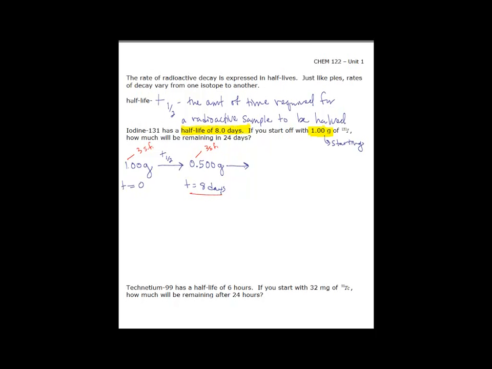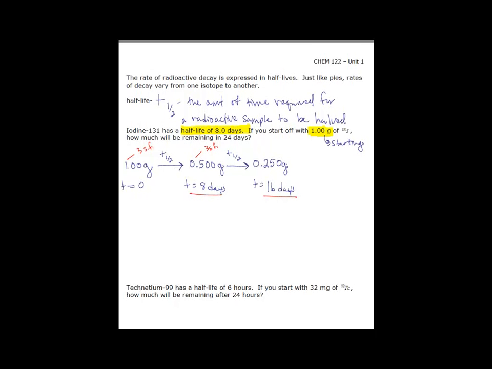So another half-life elapses, and the time is no longer 8 days, it's 8 plus 8, 16 days. And the amount of sample remaining is not 0.5 grams, but half of 0.5 grams, so it's 0.25. Now watch your sig figs, it should have 3 sig figs, so put a 0 after, so 0.250 grams.